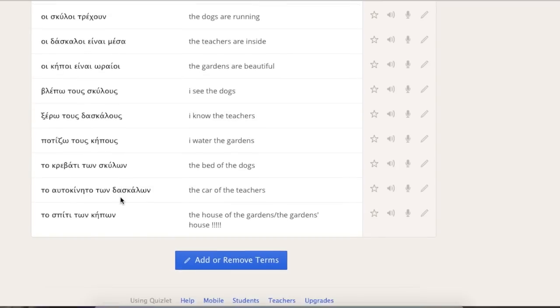The car of the teachers. Το αυτοκίνητο των δασκάλων. The car of the teachers. The house of the gardens or the gardens' house. Το σπίτι, that's the same again, των κήπων.